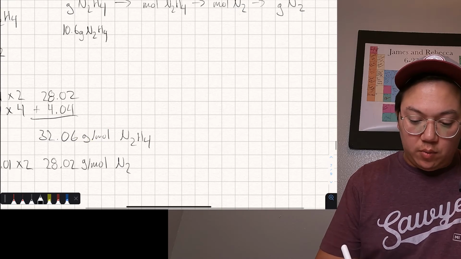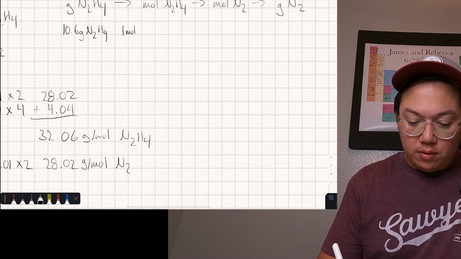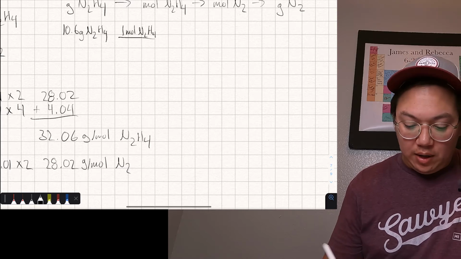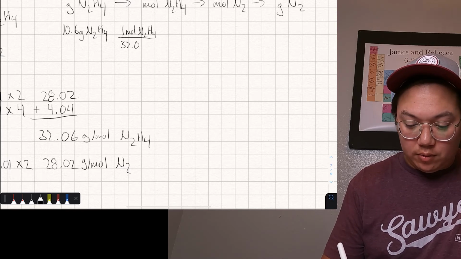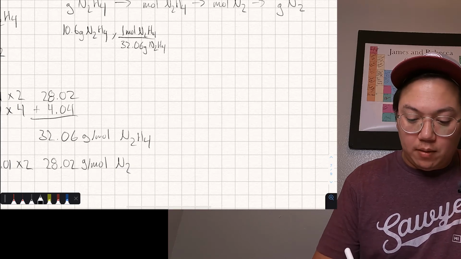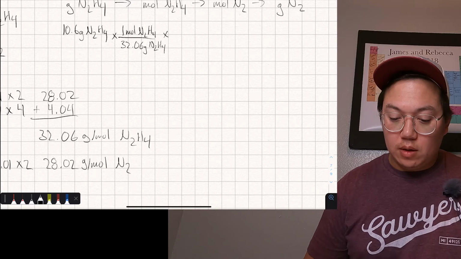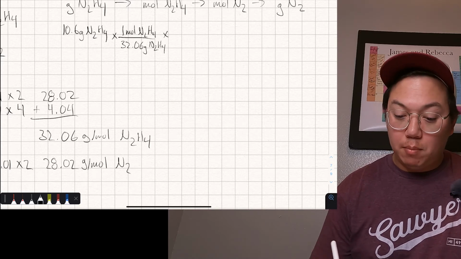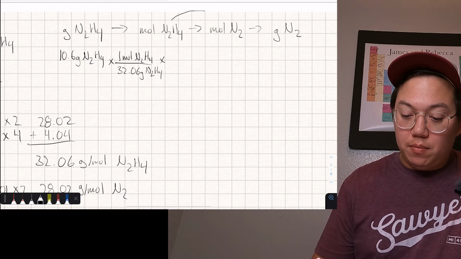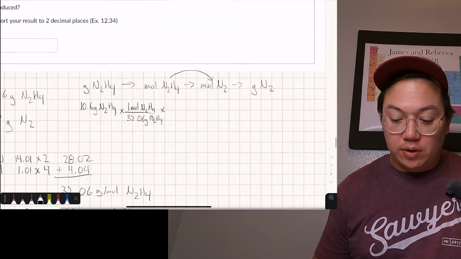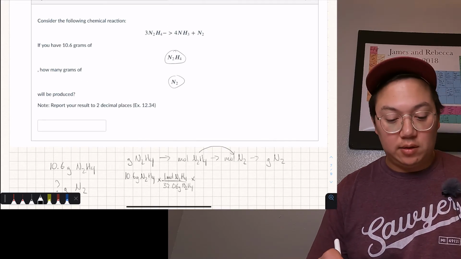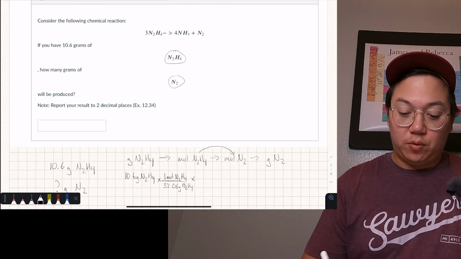So we want to get moles, so we'll do 1 mole dinitrogen tetrahydride divided by 32.06 grams of dinitrogen tetrahydride. So that'll give us moles, and then after we get moles of dinitrogen tetrahydride, to convert from moles of dinitrogen tetrahydride to nitrogen, we're going to use our balanced and completed chemical reaction.